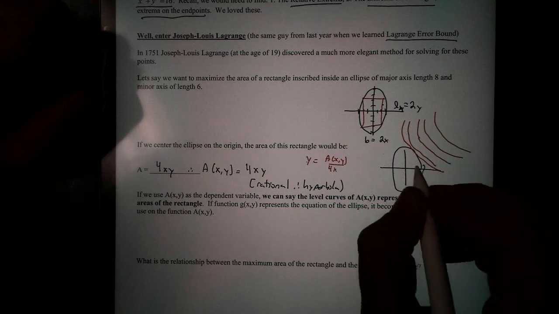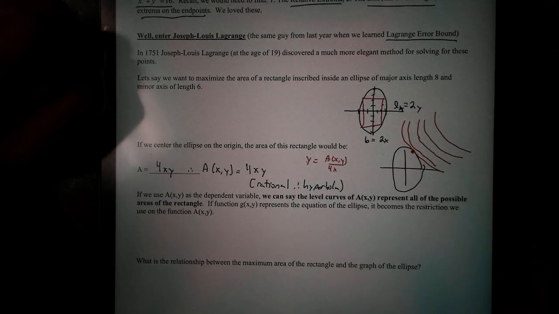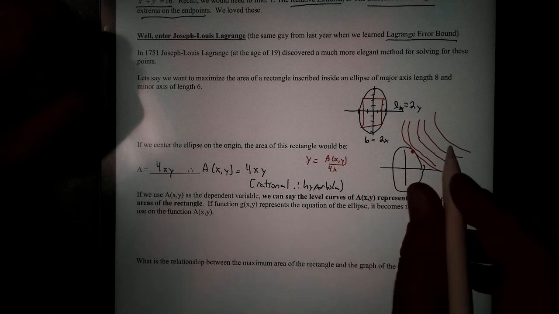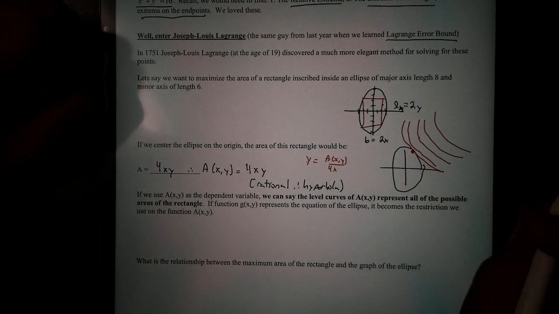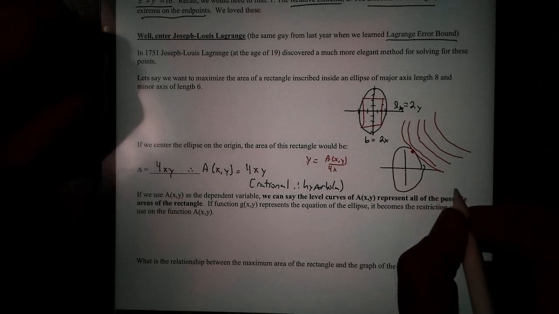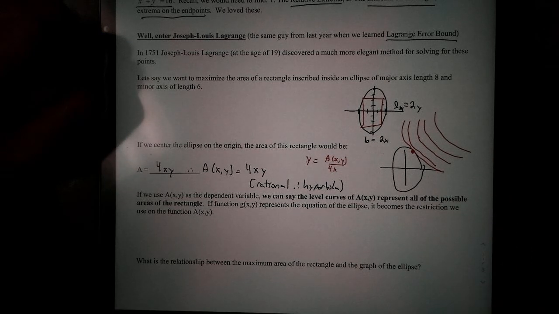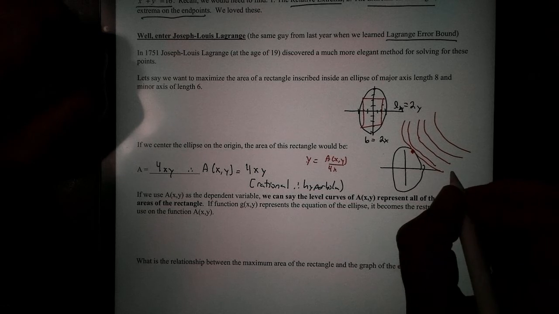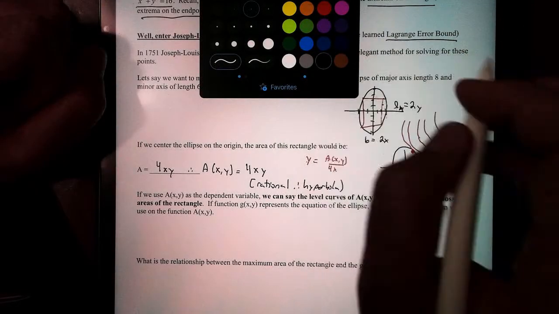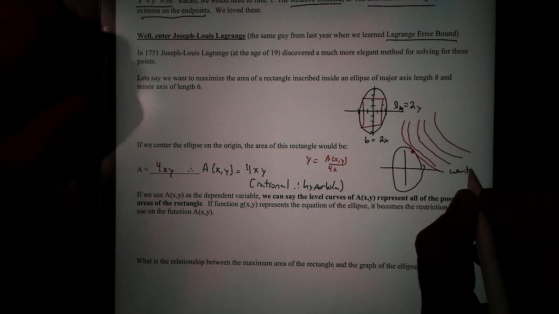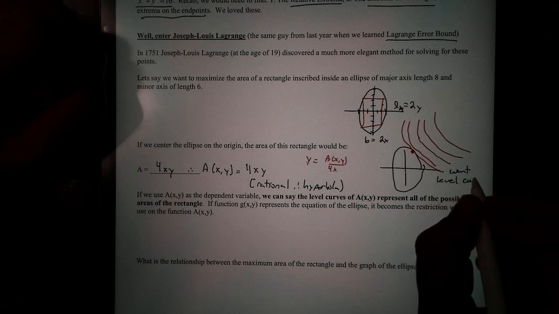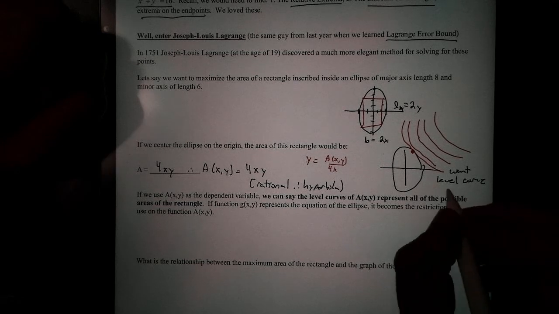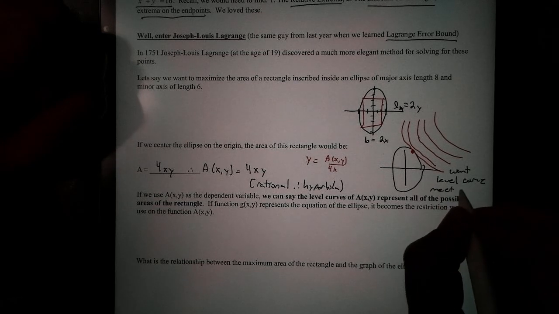What we want is where the hyperbola touches. We want to find the hyperbola that touches our ellipse. You might recall, these are sometimes what we call level curves. So what we want is the level curve that touches our ellipse, that meets our function.